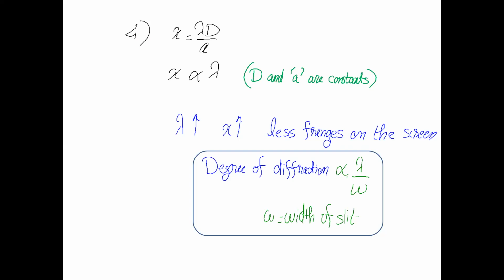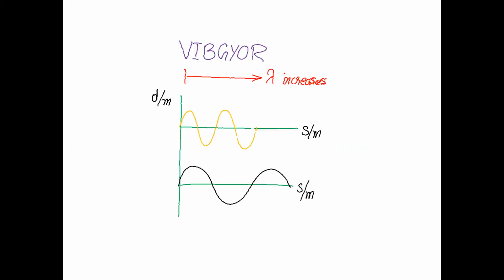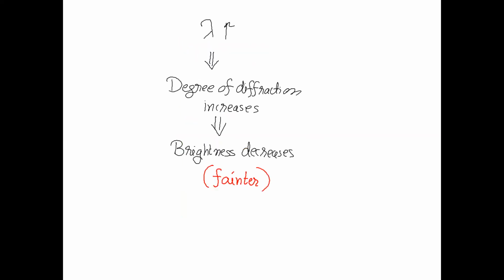The degree of diffraction is lambda upon w. Now, it means when you alter lambda, like with a color change, if you increase lambda, the degree of diffraction increases. So brightness decreases. Like with red color, the output on the screen is a bit fainter.